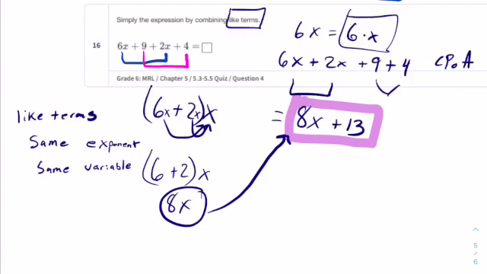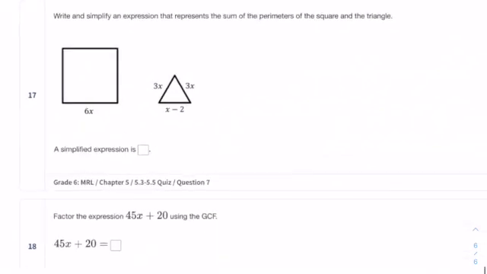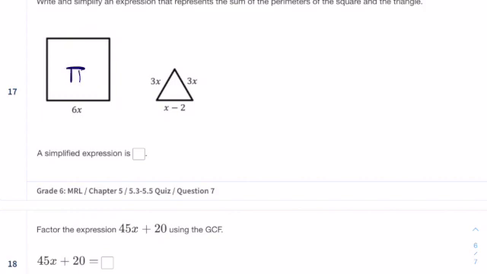Therefore, they are alike. Number 17, write and simplify an expression that represents the sum of the perimeters of the square and the triangle. So whenever I think about perimeters, I'm always thinking about some sort of army situation. Like I have a fortress inside that I'm trying to protect by making a box around it, right?